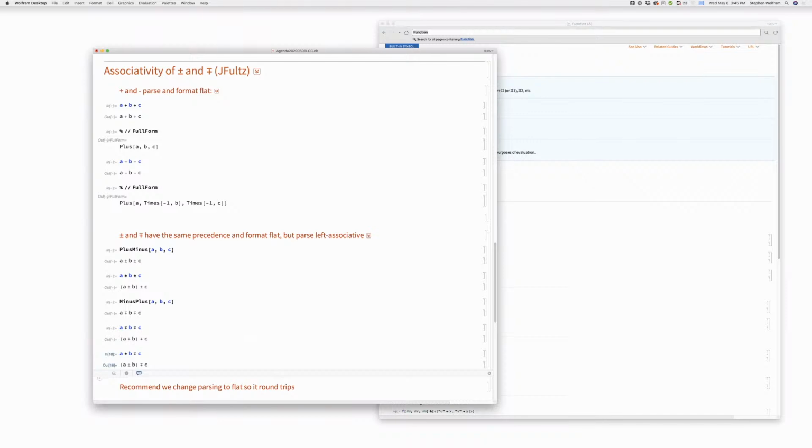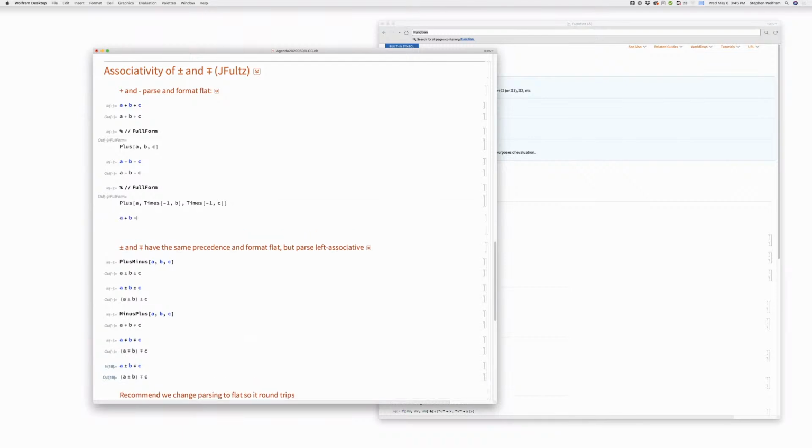Okay, look. First point is, we're not really using plus minus. Actually, what isn't shown above, but is true, at least in the front end, and I assume in the kernel as well, is that A plus B minus C is also flat. Yes.